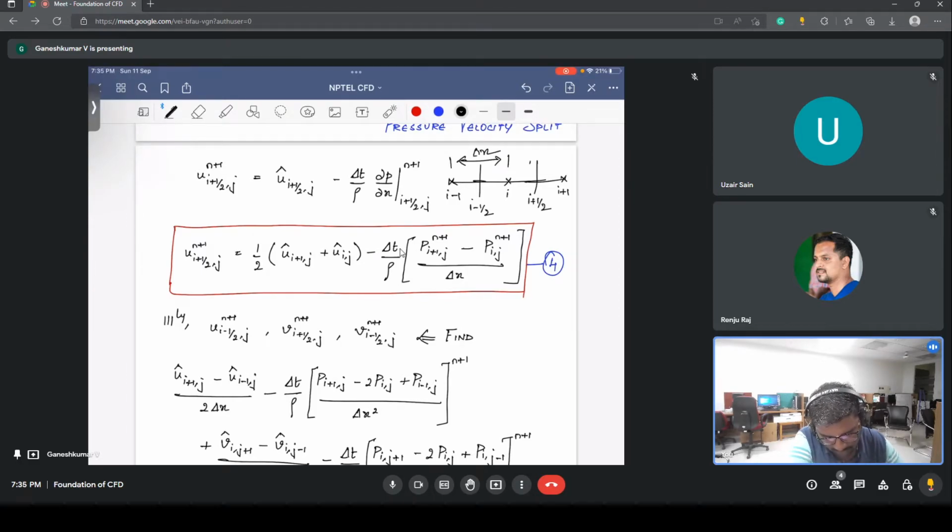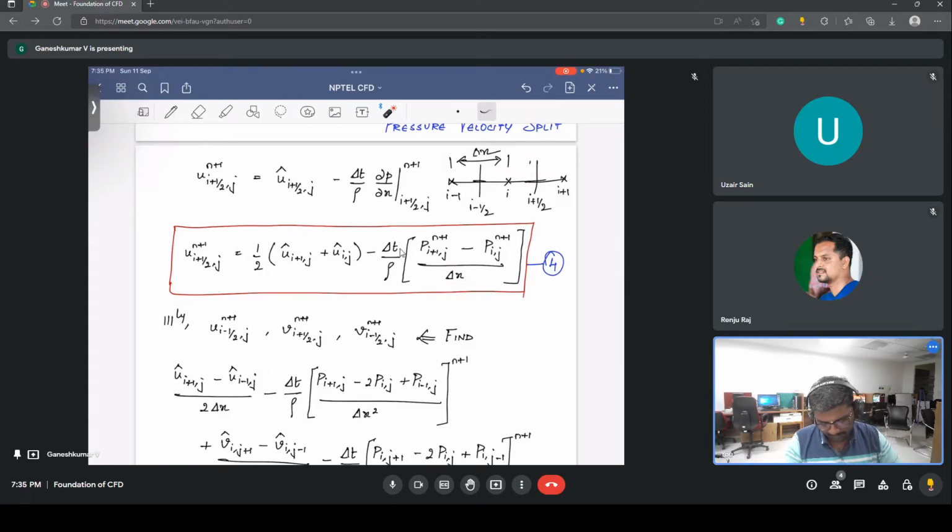If you do, let's say, central differencing to this pressure gradient, you need to find the pressure gradient here, and you are using central difference. So it will be (p_{i+1} minus p_i) divided by 2 times delta x by 2. This is delta x by 2, times delta x by 2 becomes delta x.